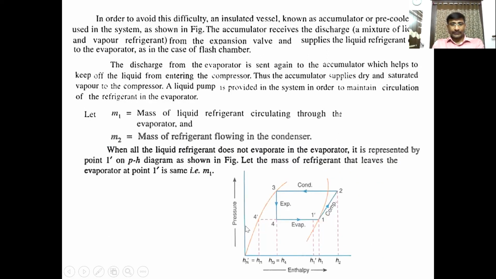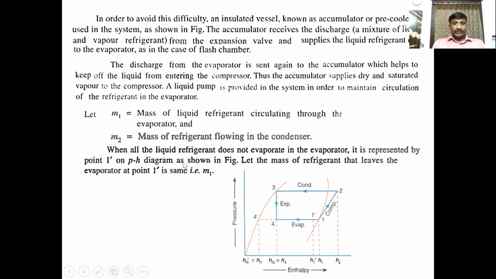So 4 dash is the pure liquid. After expansion it is wet vapor. That wet vapor is separated in the accumulator. Some of the liquid particles will be sent to the evaporator by separating at 4 dash, and the vapor at point 1 is directly sent to the compressor. Clear?